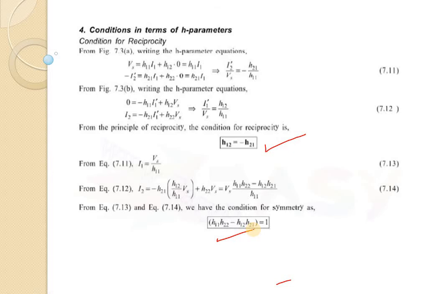And for H parameters or hybrid parameters, again the relationship is quite different, and that is H12 equals to minus H21 for reciprocity. And for condition for symmetry, it is also different, and that is basically H11 into H22 minus H12 into H21 equals to 1.